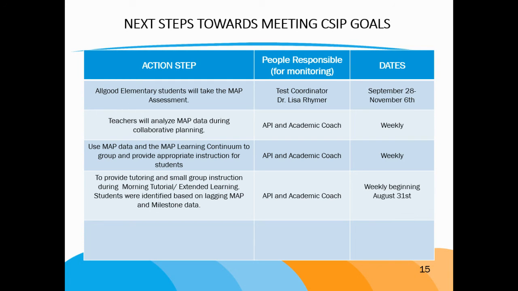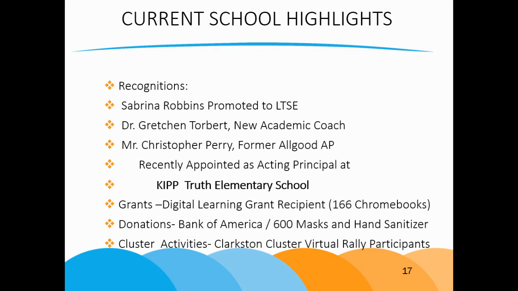We will also use the MAP data and the MAP learning curriculum to group and provide appropriate instruction for students. That will be with the API and the academic coach. And also to provide tutoring and small group instruction, the morning tutorial and ELT. Students will be identified based on the lagging MAP and milestone data with the API and the academic coach.